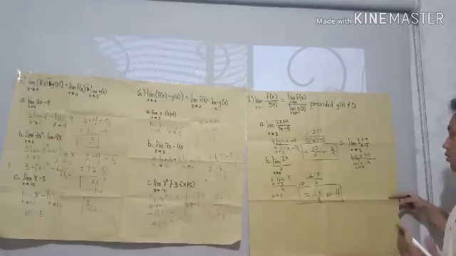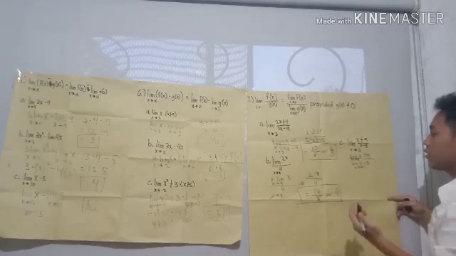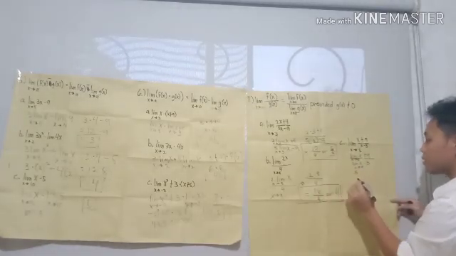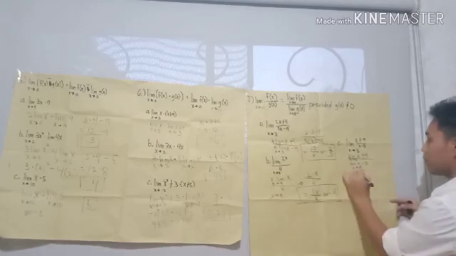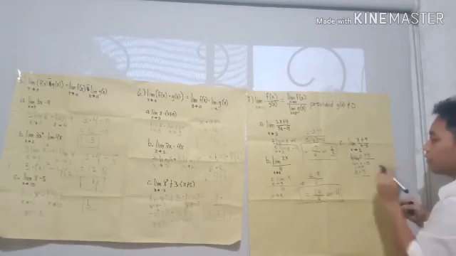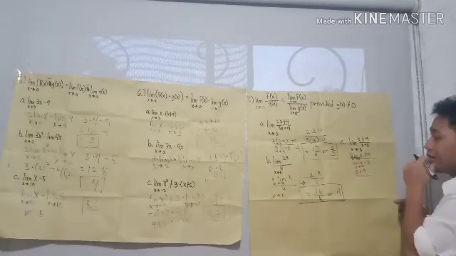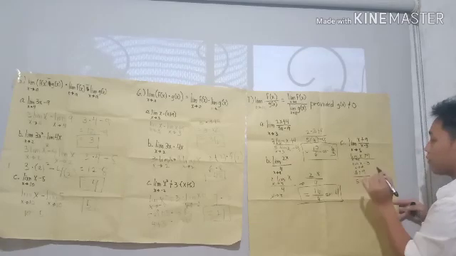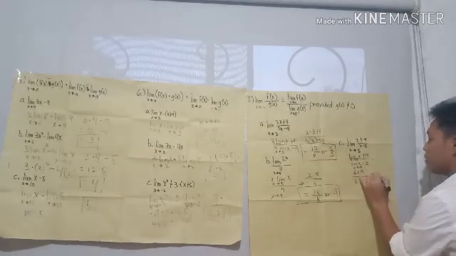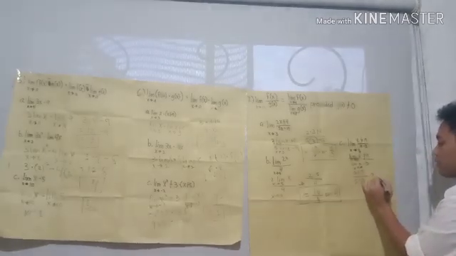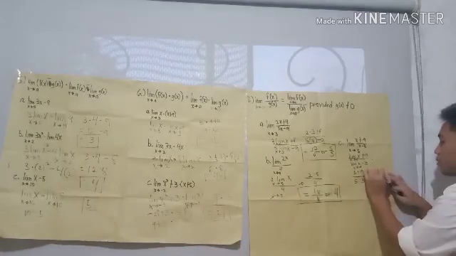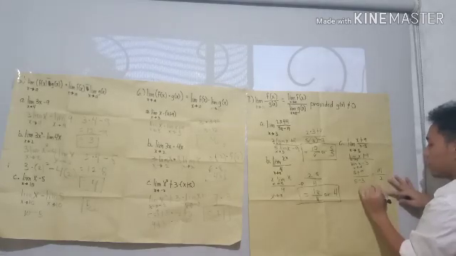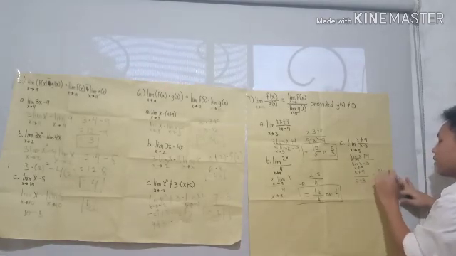You can directly substitute the value of x, which is 5. It will look like this. 5 plus 9 over 5 minus 3. 5 plus 9 is equal to 14, and 5 minus 3 is equal to 2. When simplified, you will get the answer of 7.